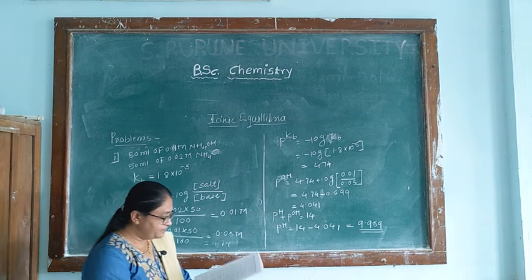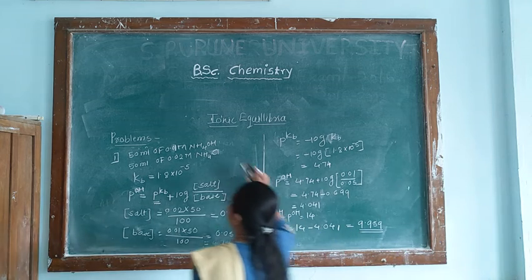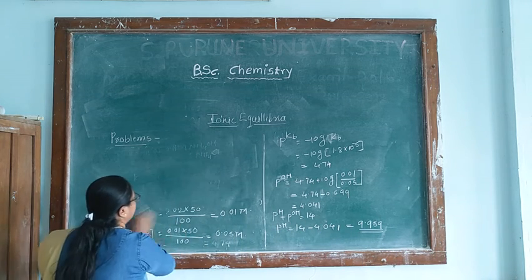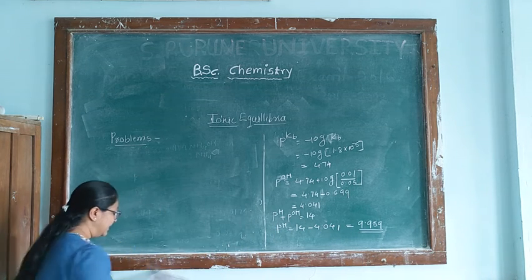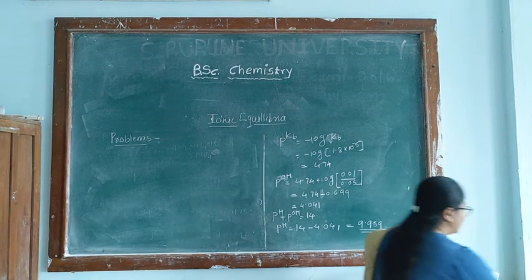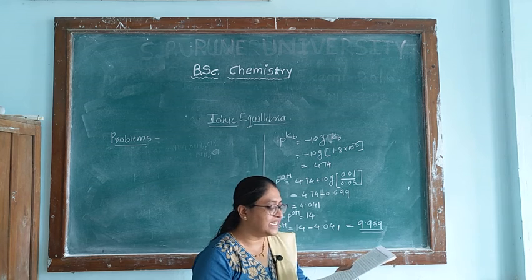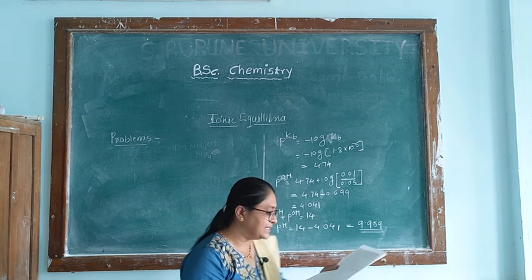Now the next problem. Calculate again the pH of the buffer solution obtained by mixing. Now an acidic buffer is formed. 10 gram of acetic acid and 15 gram of sodium acetate.